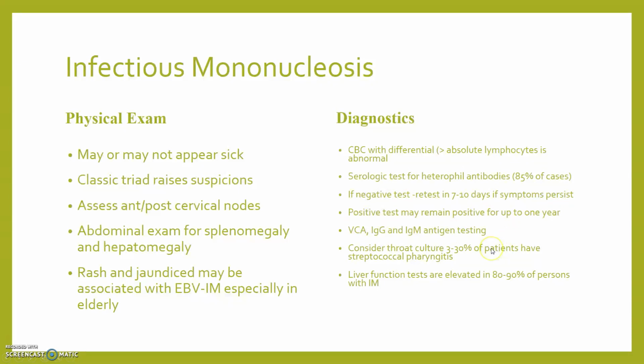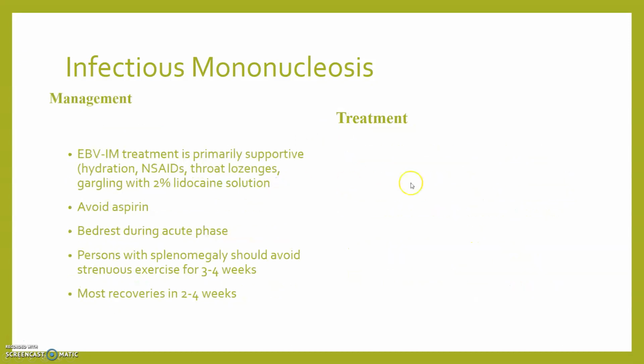A positive test may remain positive for up to 1 year. And I gave you some testing parameters. We usually look at the VCA, the IgG, IgM antigen testing. You might want to consider a throat culture because 3 to 30% also have a secondary streptococcal pharyngitis, and you don't want to miss that. And liver function tests are often elevated in 80 to 90% of the persons with infectious mononucleosis.